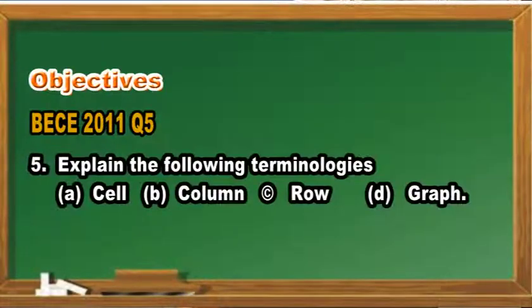Again, you should be able to provide accurate answers to the following past questions. BC 2011 question 5 reads, explain the following terminologies: A. Cell. B. Column. C. Row. And D. Graph.